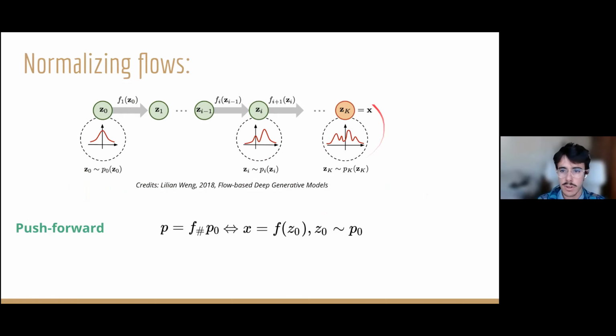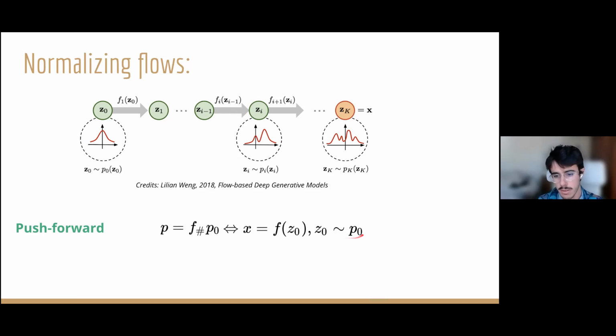The idea is, in order to parameterize a flexible probability distribution, one would start with a simple base distribution, such as a Gaussian here, and then construct a flow, which could be the composition of several simpler flows, and then basically that's it. You would define your model distribution as the push forward of your base along this flow, which is written here with this symbol, the push forward.